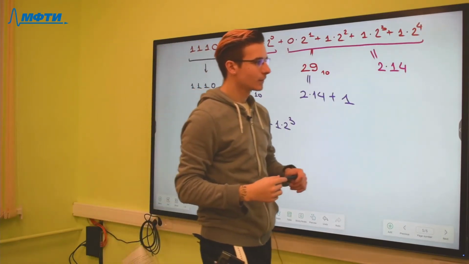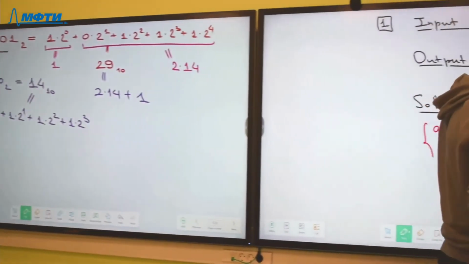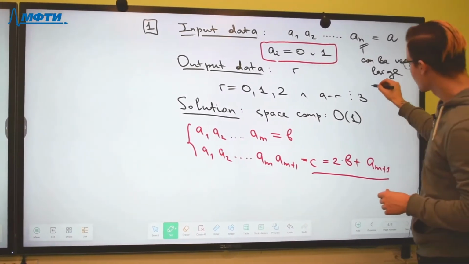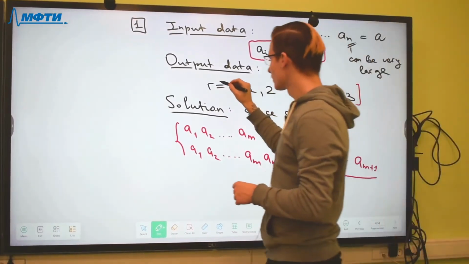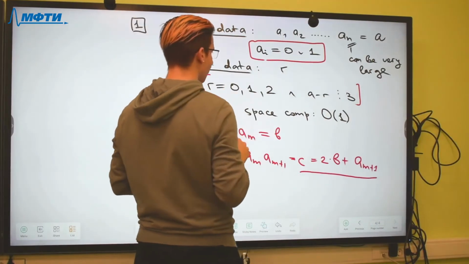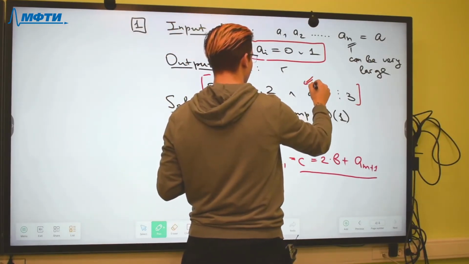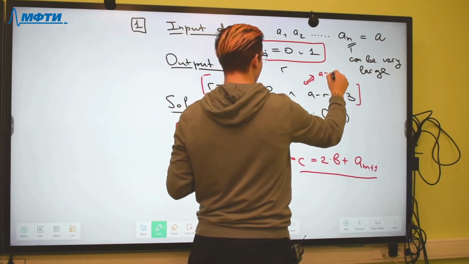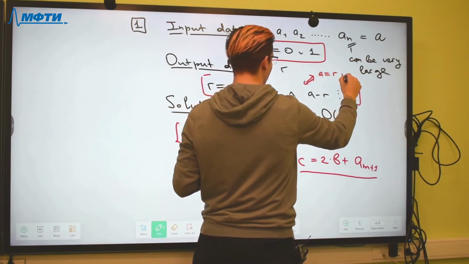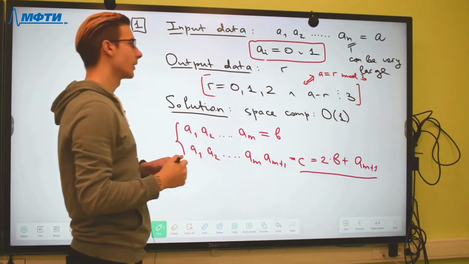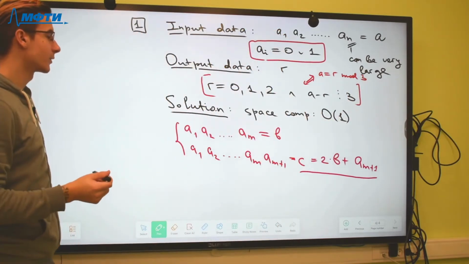So if we return here, we can say that if this is true, then A is equal to R by modulo 3.